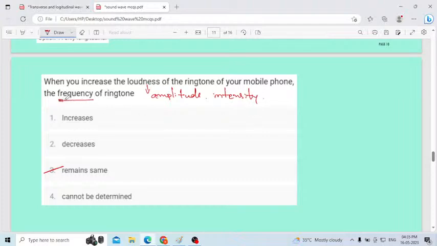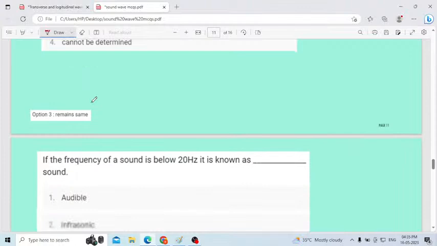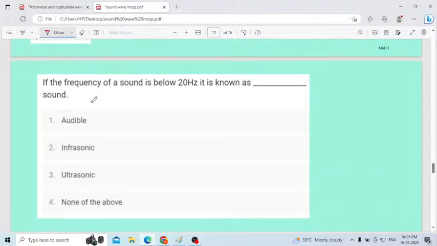There is no change in the frequency. Frequency is nothing but the number of oscillations per second, so it remains constant. You have to remember that. Sound is a very easy chapter if you understand the concept.